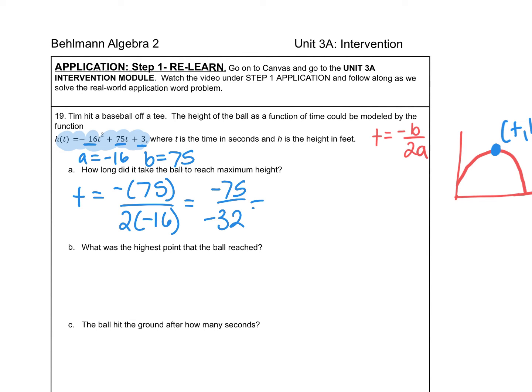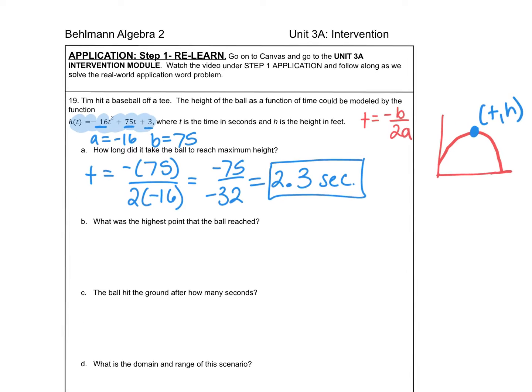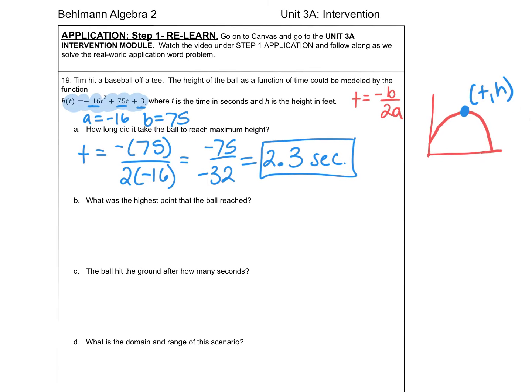I take my calculator, I type that in, and I'm probably going to have to round it. It gives me like 2.3 and then a big decimal, so I'm just going to keep it at 2.3. Since it's how long, that just means seconds here. That's my answer. That's how many seconds it takes to get from 0 to the halfway point.